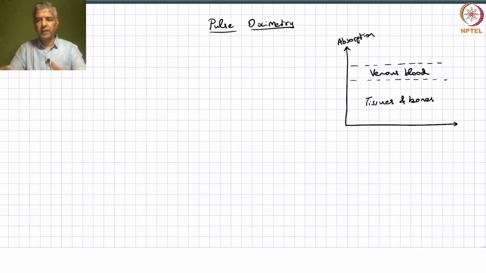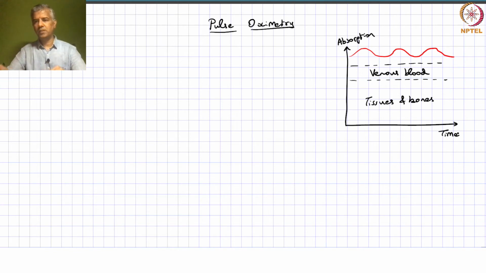And that arterial blood again has some constant value, but more importantly it has a certain structure. Don't worry about the exact structure of the waveform, but essentially there is something that's changing with respect to time, right?